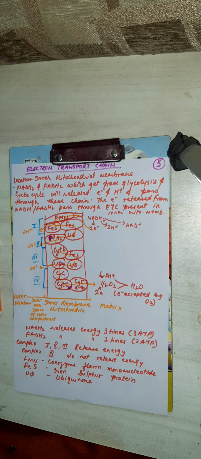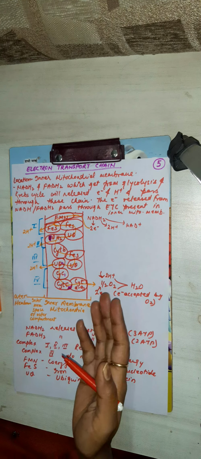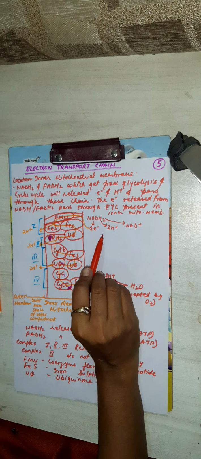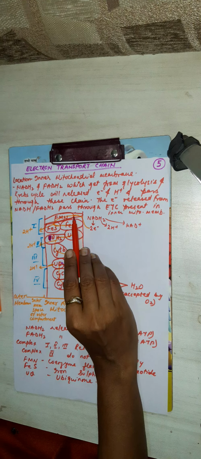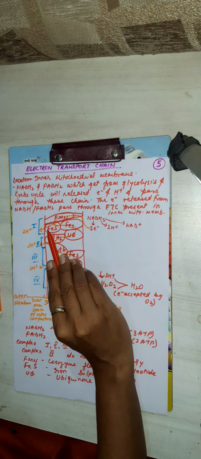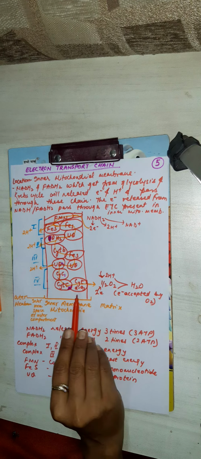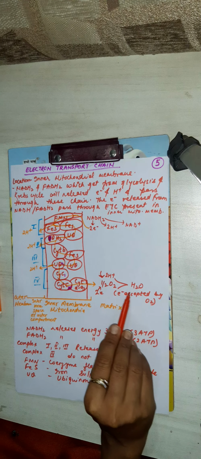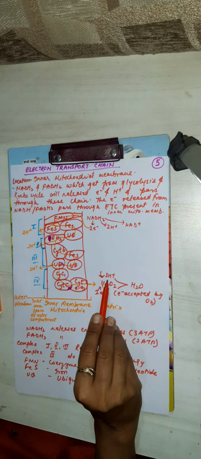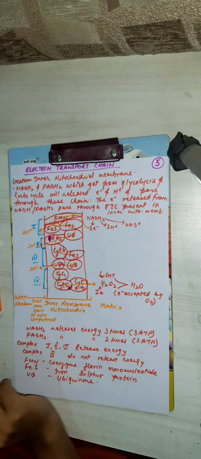Okay, so you have to remember that the electron will pass here and energy is released here when the electron moves, and it will pump a pair of protons, then here and then here, and finally the electron will be accepted by this and will form H2O, and this is the pair of protons.